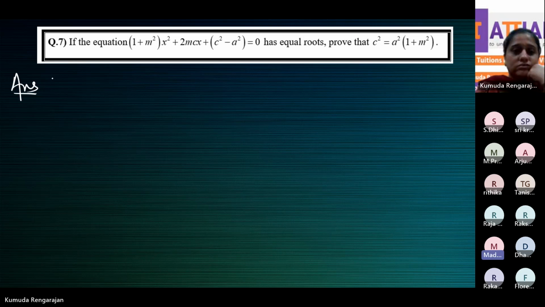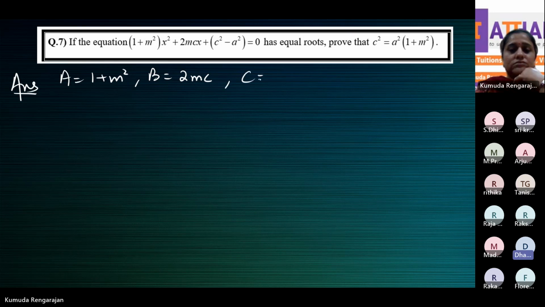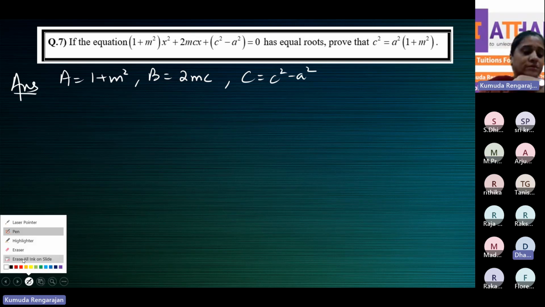A is equal to 1 plus m square. Two MC. C square minus A square. Very good. So these are three terms.